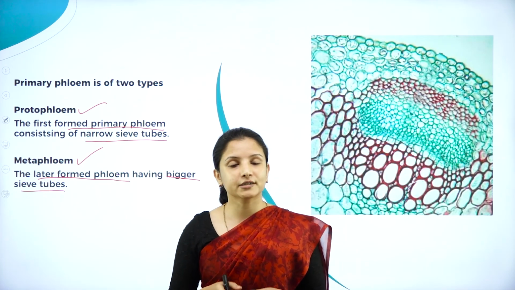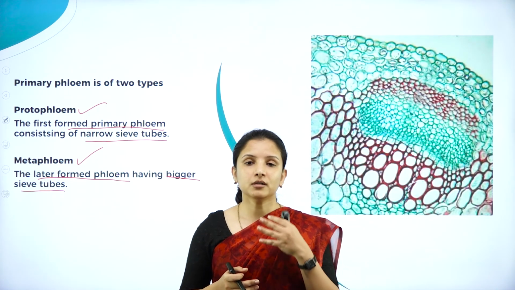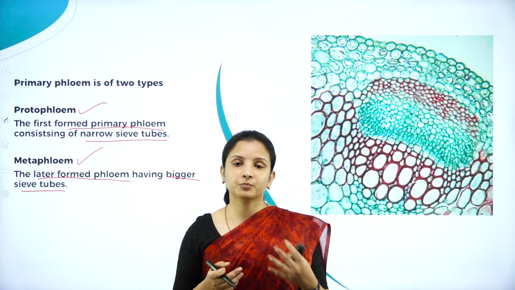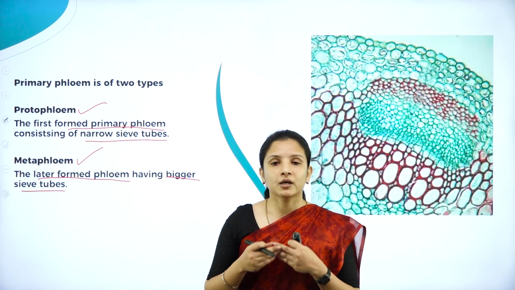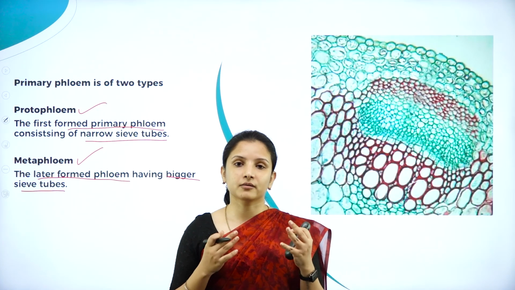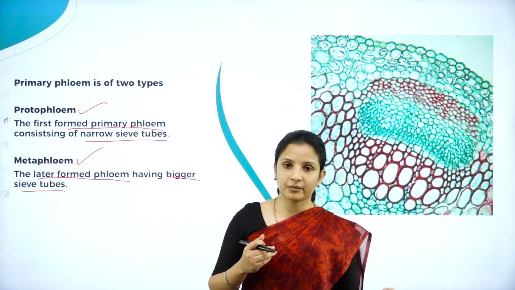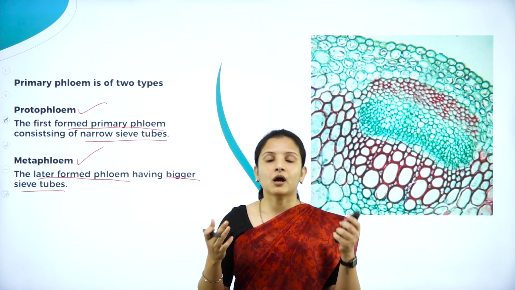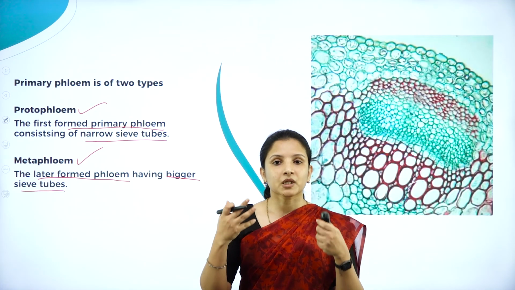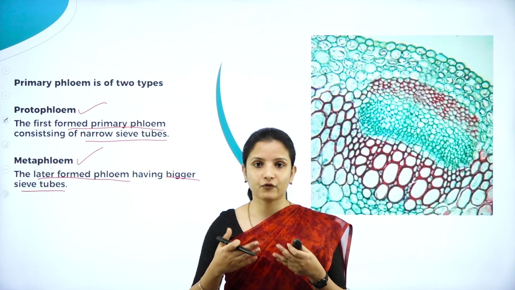So I hope you understood today's session well, wherein we discussed the permanent tissue. In the previous sessions, we had talked about the meristematic tissue, which is divided into the primary tissues and the secondary tissues. We also talked about the permanent tissues, which are the completely matured form of cells.